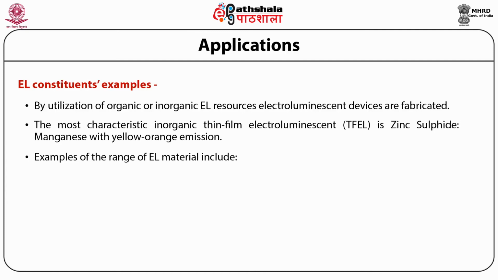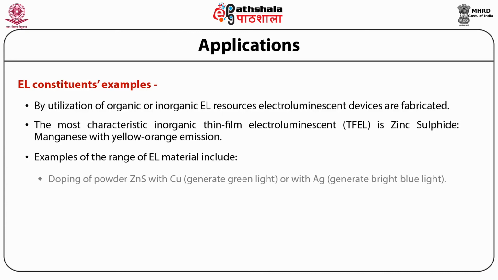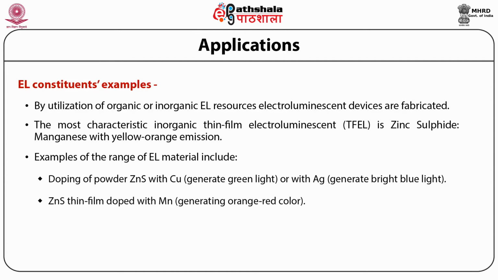Examples of electroluminescence materials include, number 1, powder zinc sulfide doped with copper, which will generate green light, or with silver, which will generate bright blue light. Secondly, zinc sulfide thin film, which is doped with manganese, generating an orange-red color.